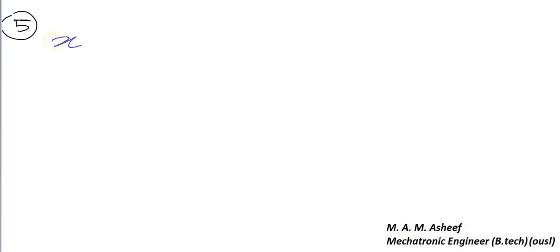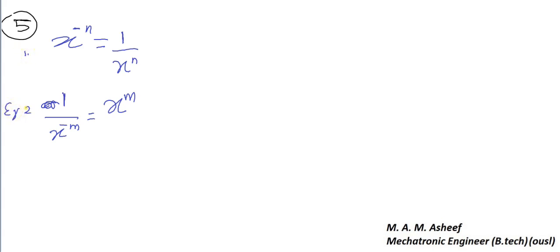So we know if it is x to the power minus n, we will put that as 1 over x to the power n. If it is 1 over x to the power minus n, to make this index positive, it will become x to the power n. This is our first example, this is example 2, and now example 3. If it is 2x to the power minus 3, how do you change this?